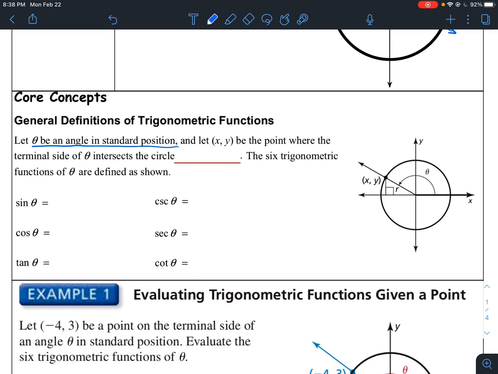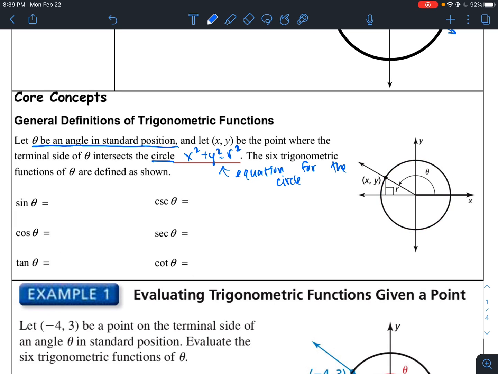Let x and y be the point where the terminal side of theta intersects with the circle x squared plus y squared equals r squared. This right here is just the equation for the circle.